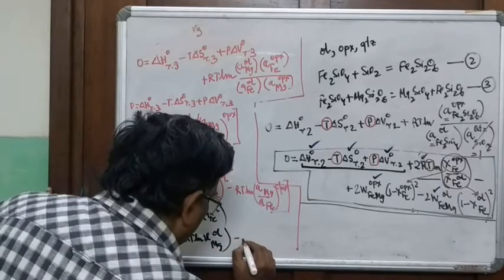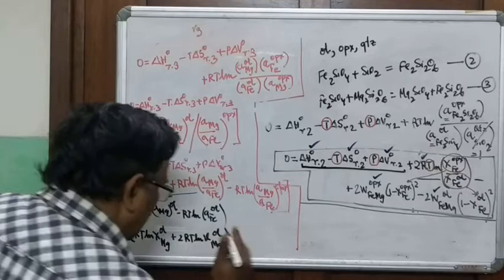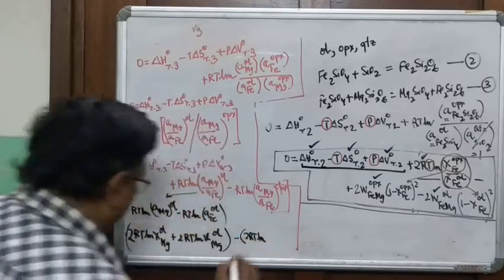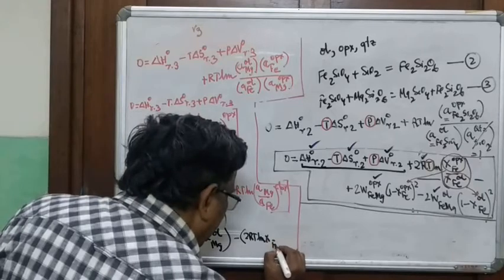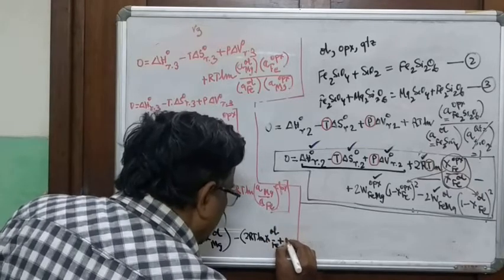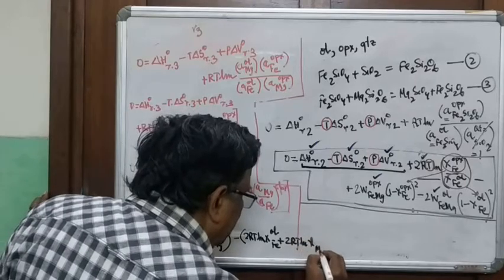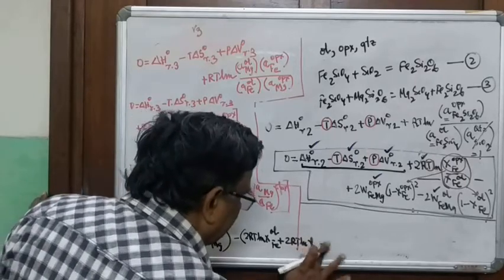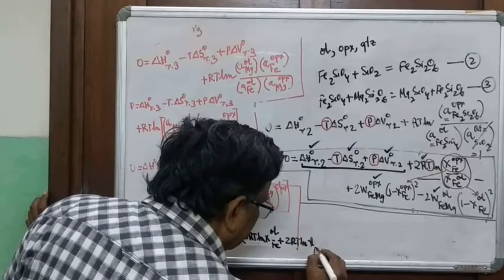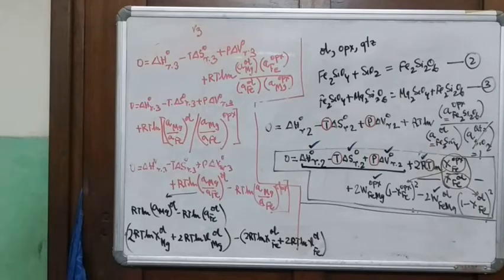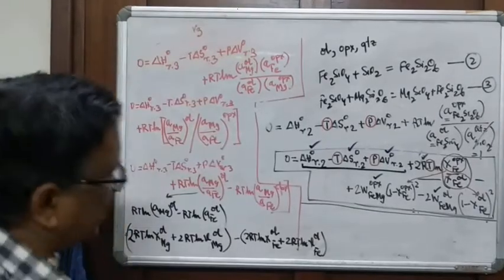Minus 2RT ln XFe olivine plus 2RT ln gamma Fe olivine. Right? I think I will erase this part.